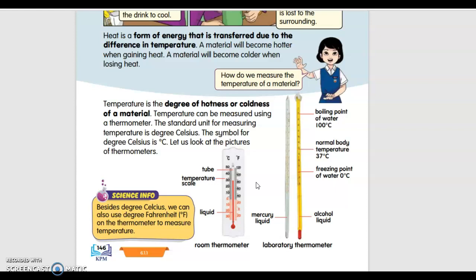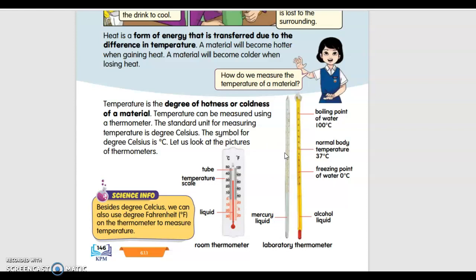So how do we find out what our body temperature is for the current time? You can use the thermometer. Thermometer usually has mercury liquid. When it becomes hot, the mercury liquid rises.